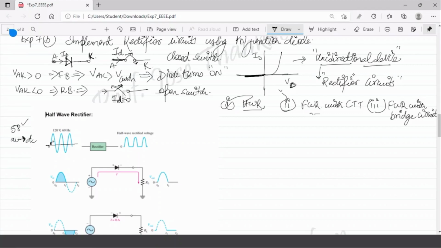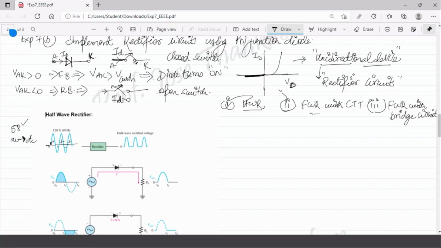It will be in the forward bias condition, and in the negative half, this voltage will be negative. That means this voltage will reverse bias the diode. What will it do? It will be off, right? So there will be no current flowing in the circuit. So it will disconnect the circuit in the negative half. Again in the positive half it will connect the circuit, negative half it will disconnect, and so on.